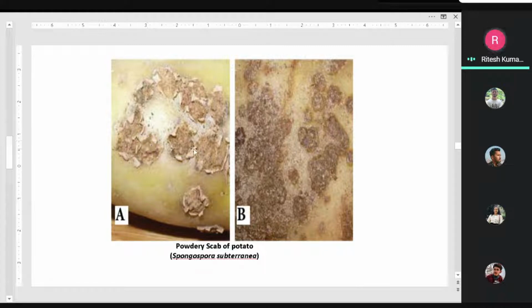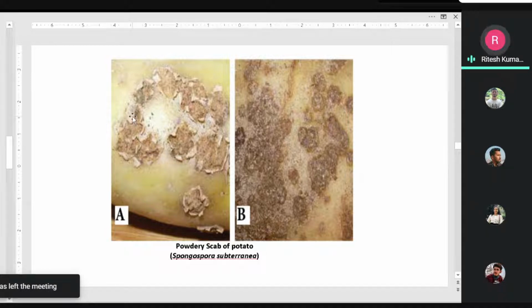And this spot, or its center, is filled with a brownish to black mass of spores, which is not common in case of common scab. So microscopy is again very important to confirm this.